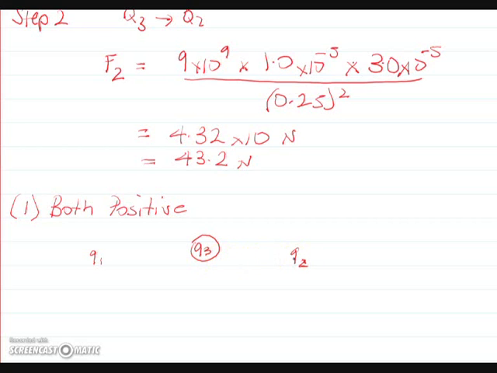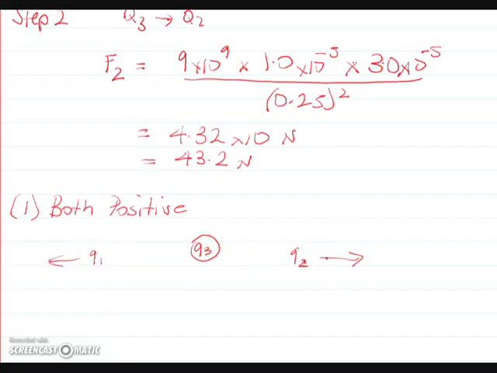If Q3 is in the middle, they're going to be pushing in opposite directions. So if they're both positive, they're going to be repelling each other, aren't they? This one's pushing this way, and they're repelling each other like that.